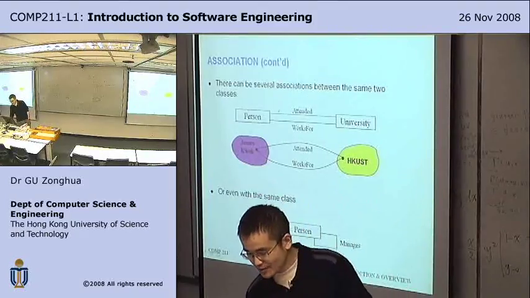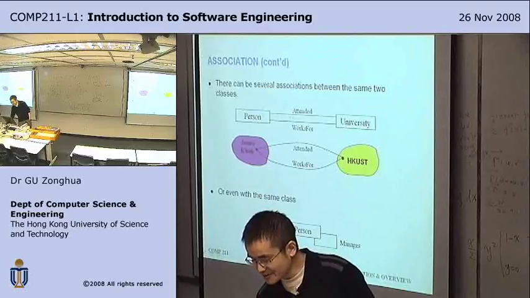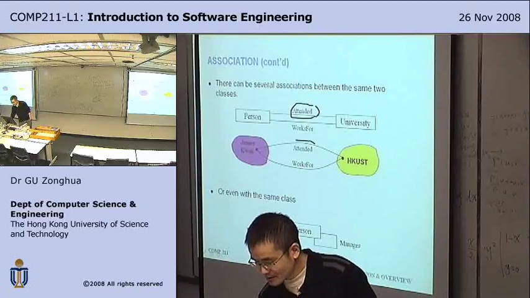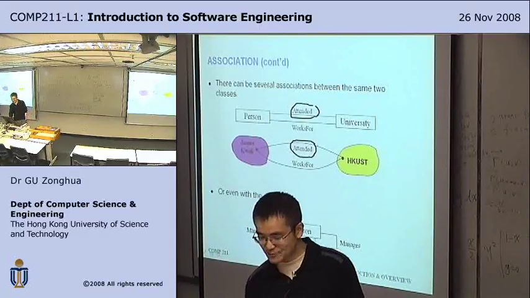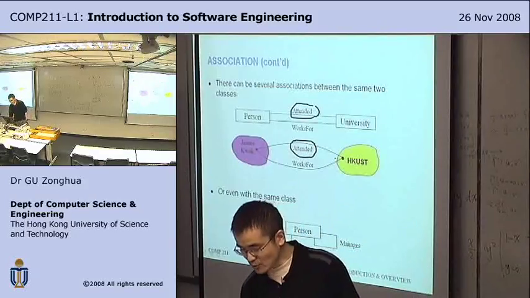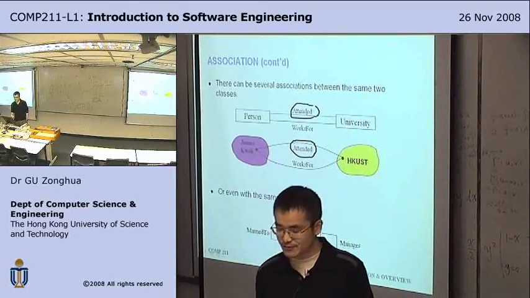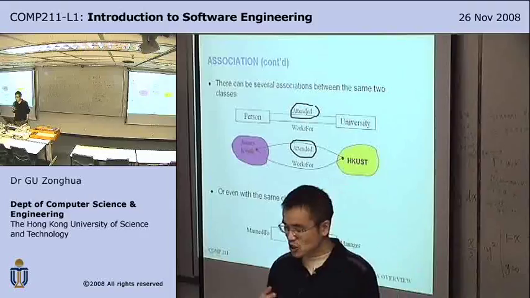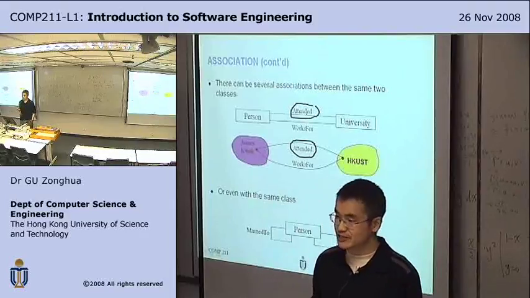Say here, a person attended university. It's an association. And then between objects, you can only have one link between James Kwok and HKUST objects that corresponds to the attended association. But you cannot have two links for the same association.